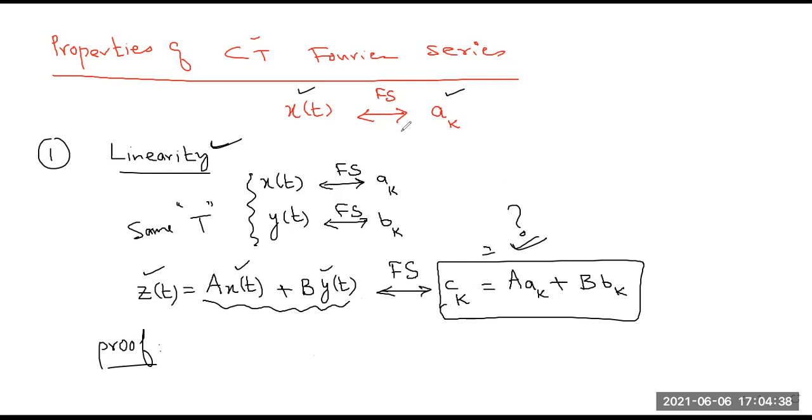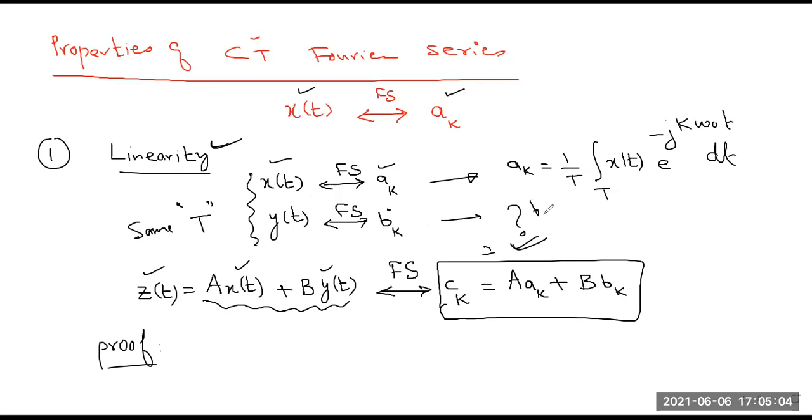We already know the relationship between a sub k and x of t: a sub k is equal to 1 over T, integration over 1 period, x of t e to the power minus jk omega naught t dt. Similarly, what is the relationship between b sub k and y of t? b sub k is equal to 1 over T integration over 1 period y of t e to the power minus jk omega naught t dt.